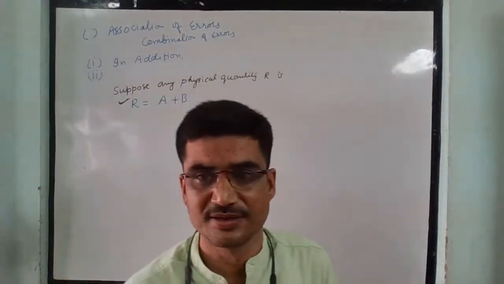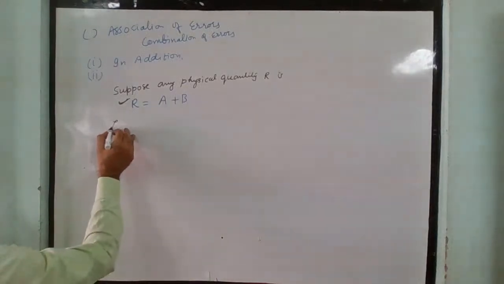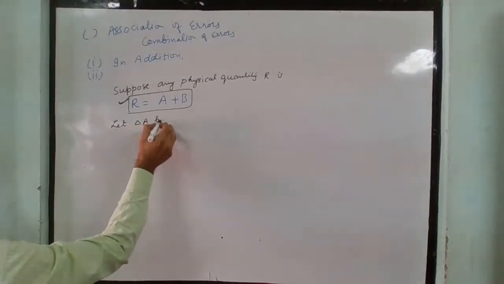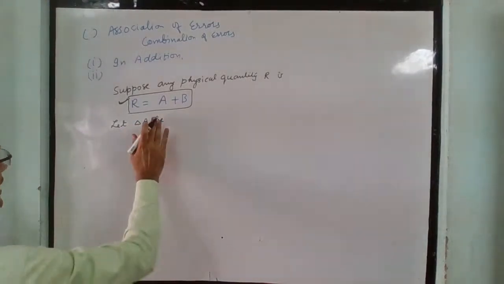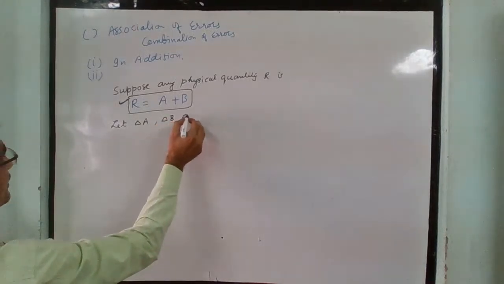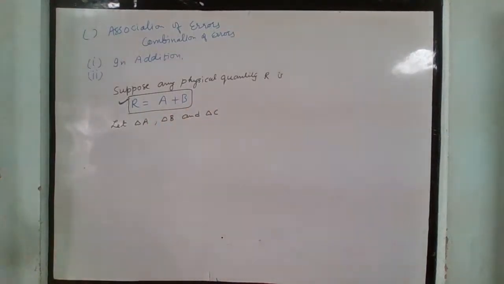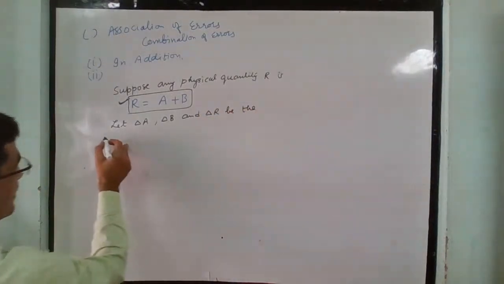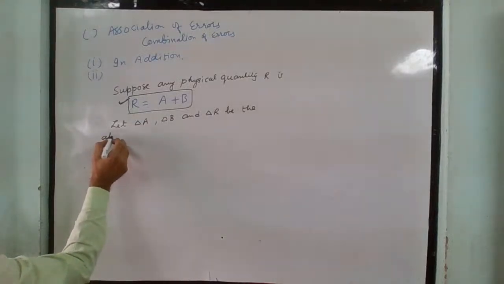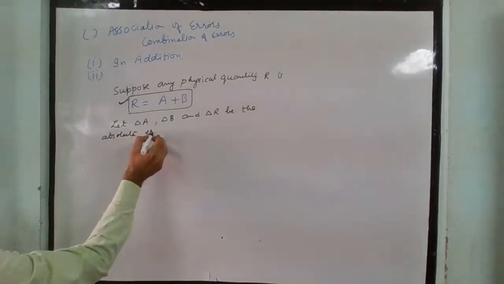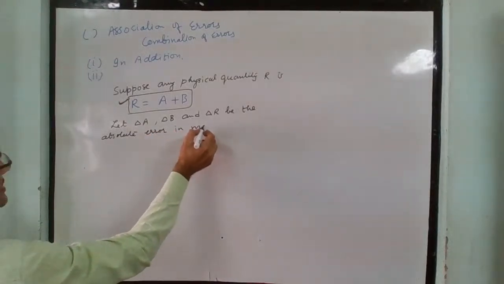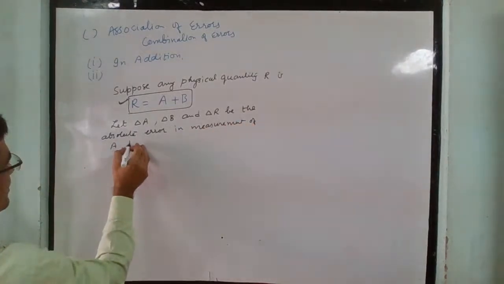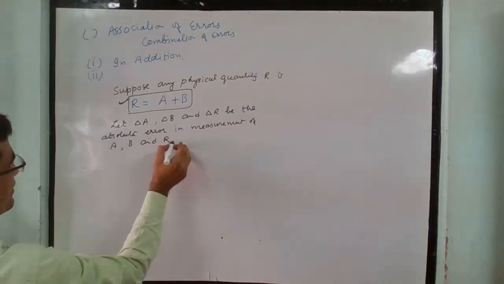Okay, so let delta A and delta B and delta R be the absolute errors in measurement of A, B, and R respectively.